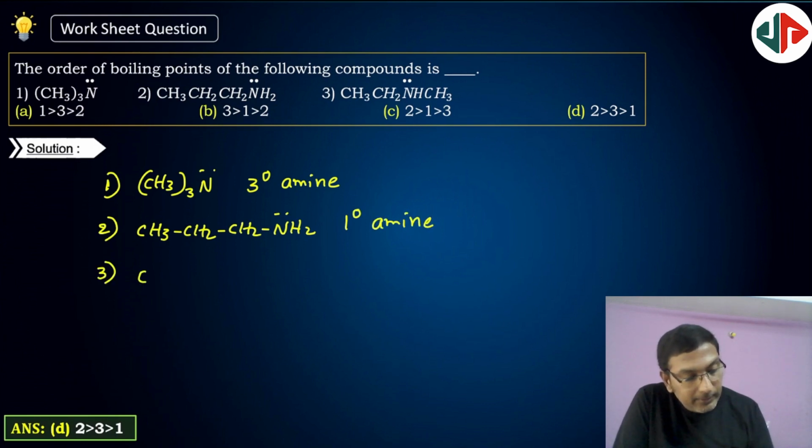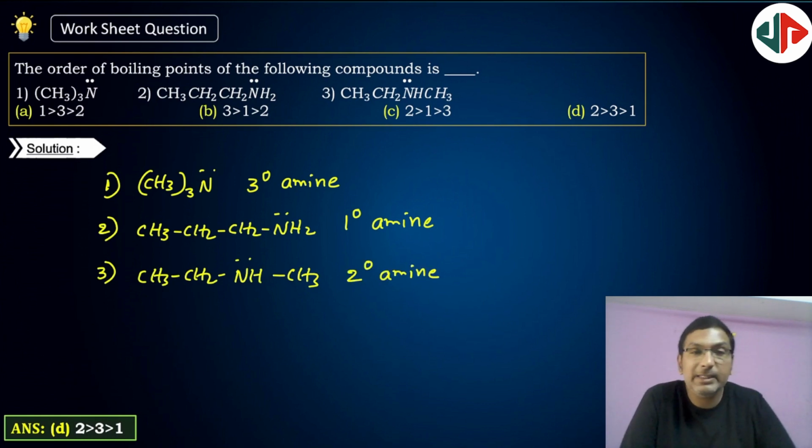Third one, CH3 CH2 NH CH3, which is secondary amine. So we know as the branching increases, boiling point decreases.